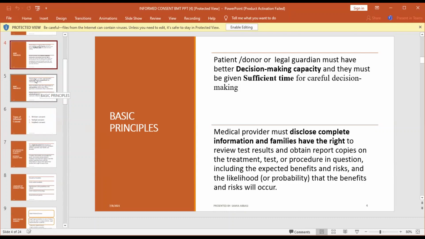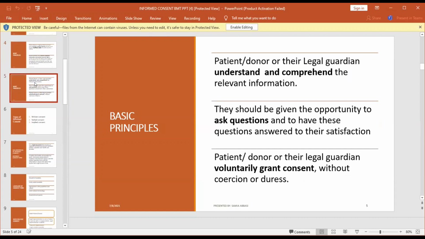Number two, the medical provider must disclose information on the treatment, test, or procedure in question, including the expected benefits and risks and the probability of their occurrence. Families have the right to review the test and to obtain the reports of their test.